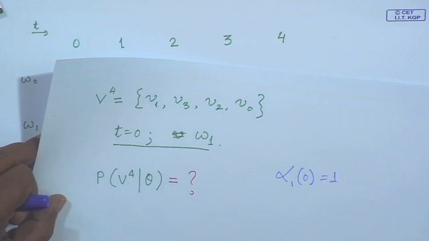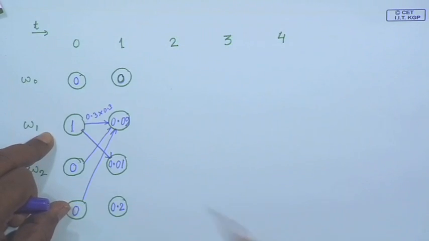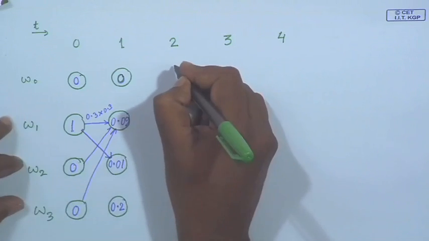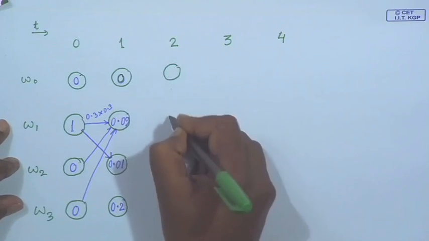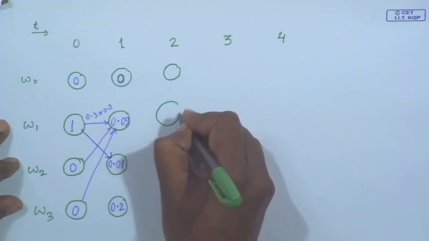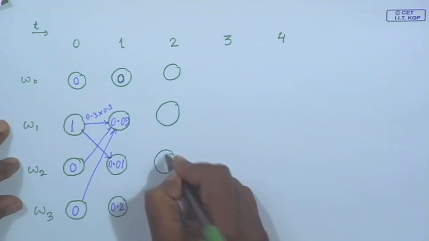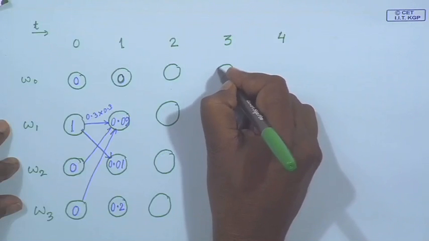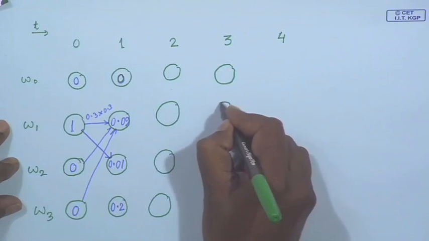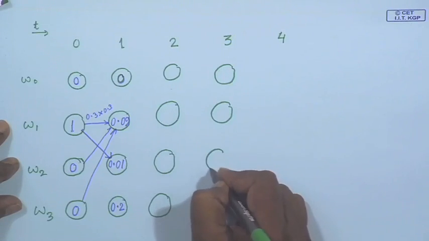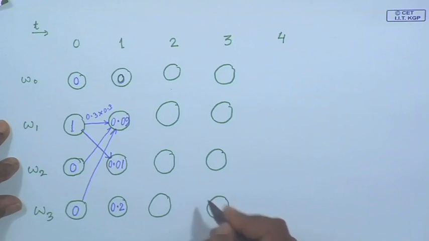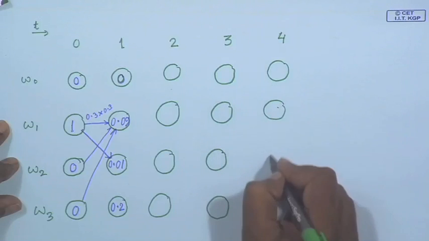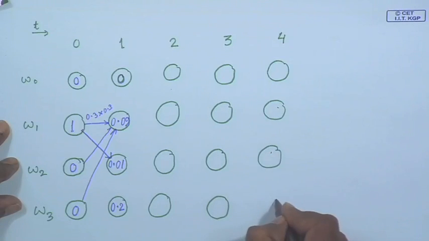And if you continue like this at different time steps, I will have omega 0, omega 1, omega 2, omega 3, then time step 3, omega 0, omega 1, omega 2, omega 3, and this is also omega 0, omega 1, omega 2, omega 3.